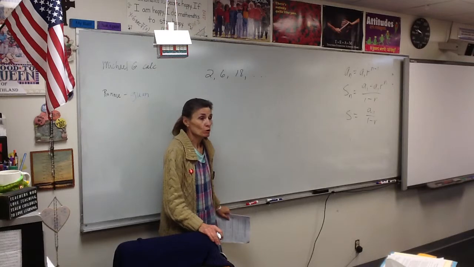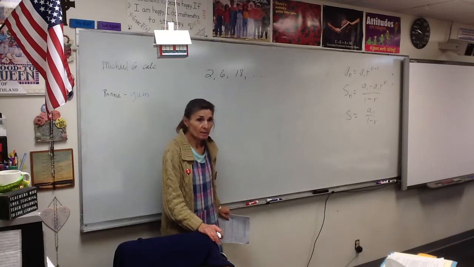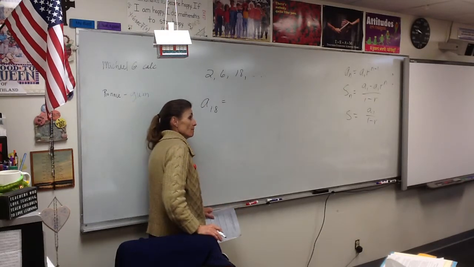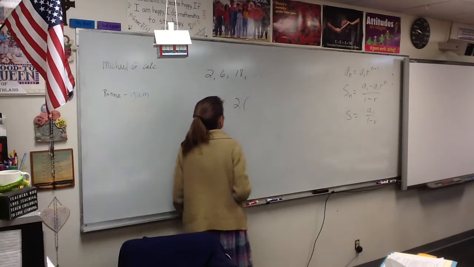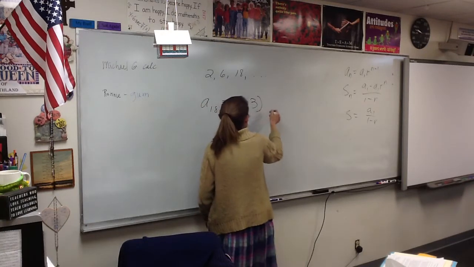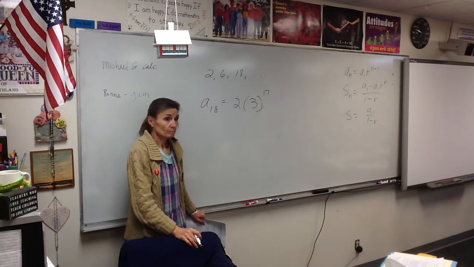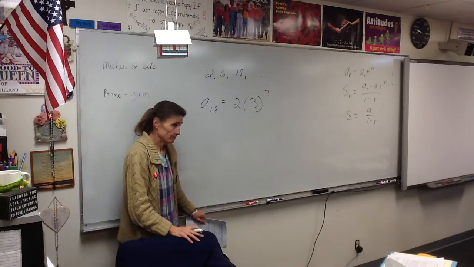First one. We aren't interested in adding up a bunch of stuff. We want to know what's the 18th term. According to the formula, the 18th term will be the first term times the ratio to the n minus first. Right? Now that is going to be a gargantuan number.